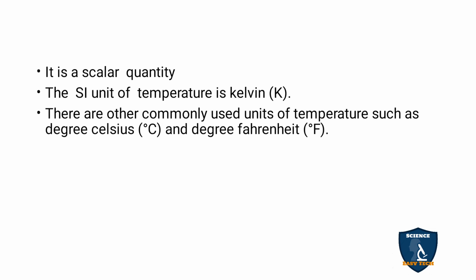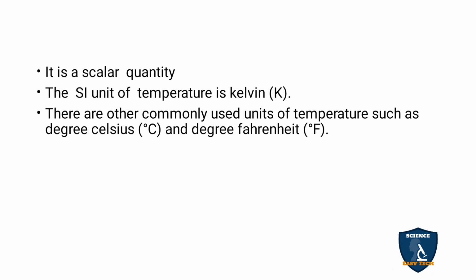But the SI unit of temperature is Kelvin. It is called a scalar quantity because you determine the temperature using only one property, hot or cold, not more than that. If it is hot, the temperature is high. So it is a scalar quantity.